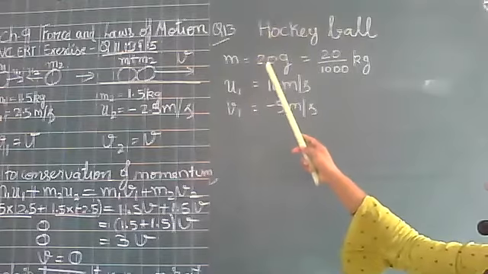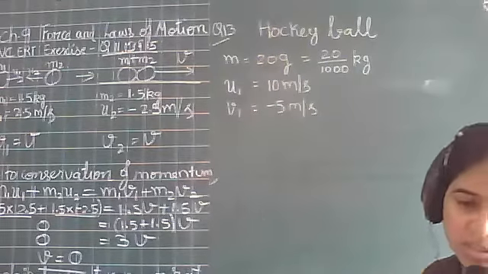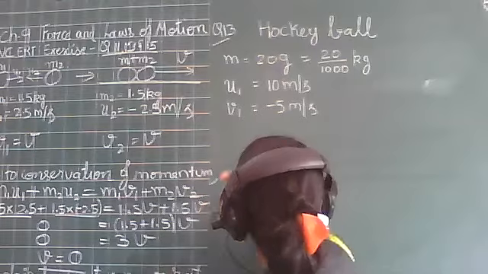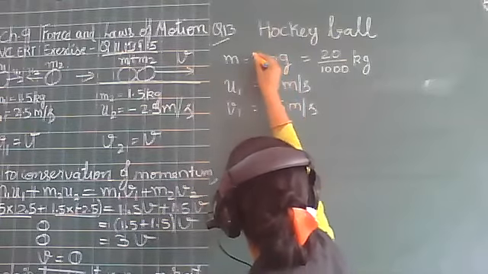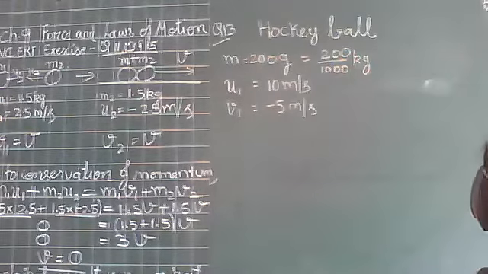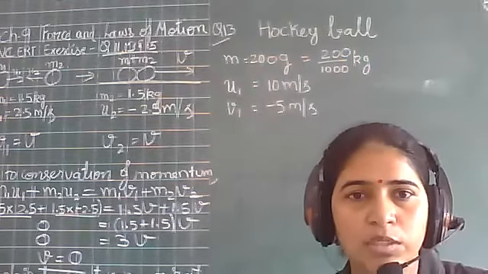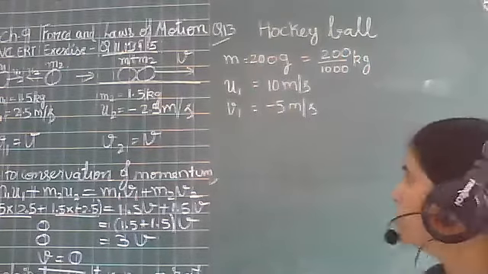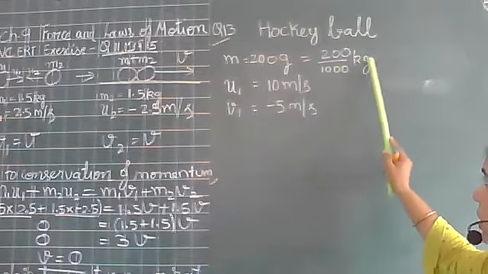The mass of the hockey ball is 200 grams. Now, if you want to convert 200 grams into kg, then we will divide it by 1000. So 200 upon 1000 kg.